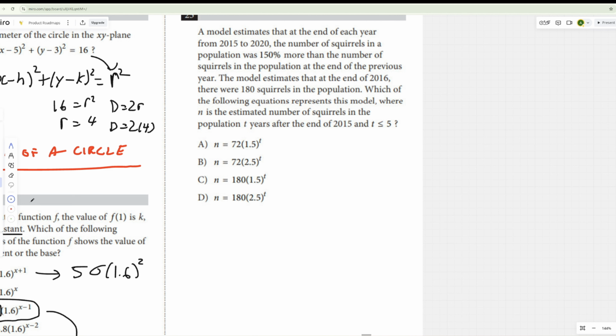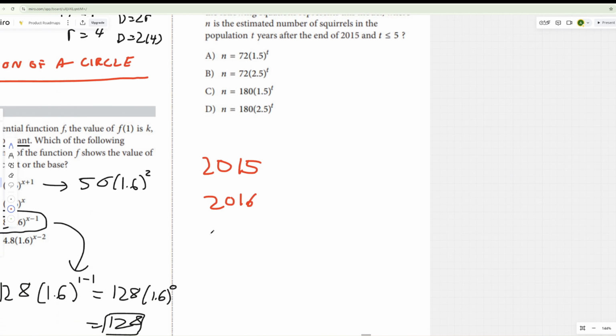Again, this is a whole lot of information, but we can look at it this way. The number of squirrels was 150% more than the number of squirrels at the end of the previous year. So each year, 2015, 2016, 2017, 2018.